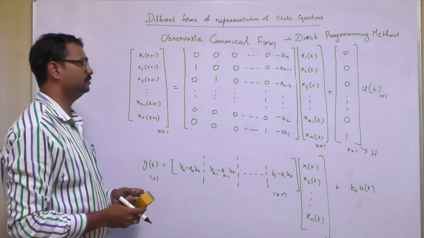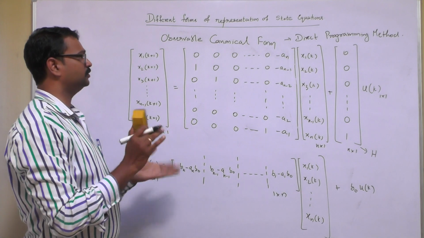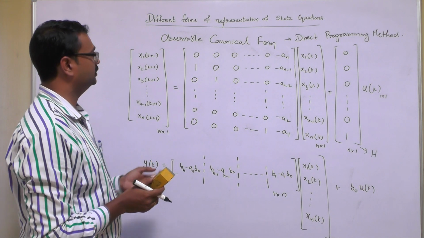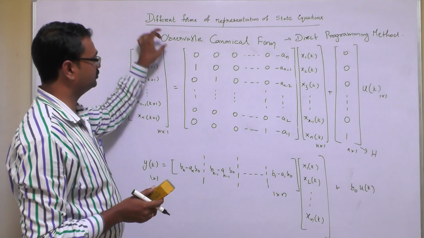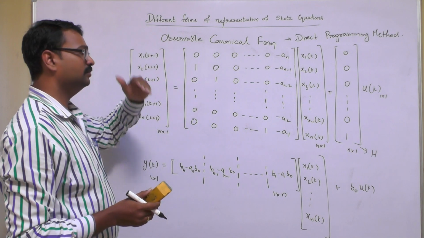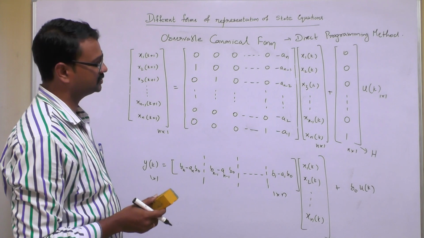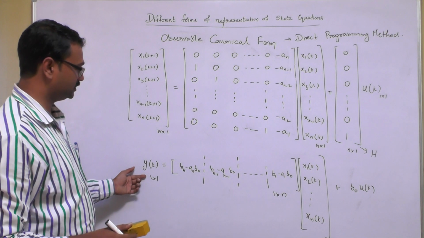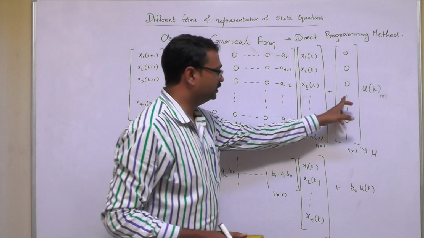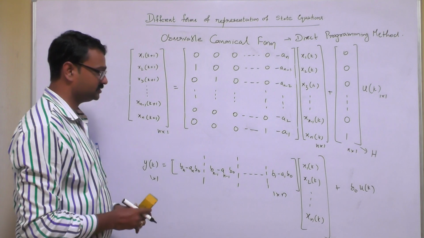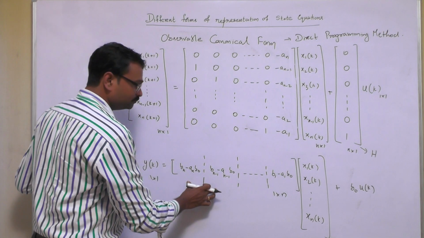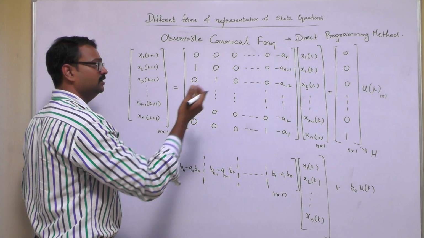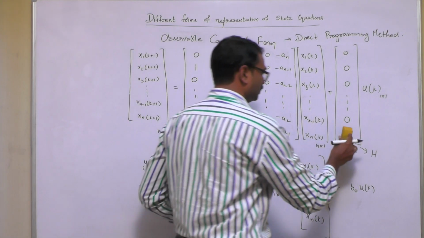Now this is your G matrix, which is the simple transpose of the system matrix in the controllable canonical form. So the system matrix in observable canonical form is simply the transpose of the system matrix in controllable canonical form. And what is the equation in this H matrix? The transpose of the output matrix in controllable canonical form is the input matrix in the observable canonical form.